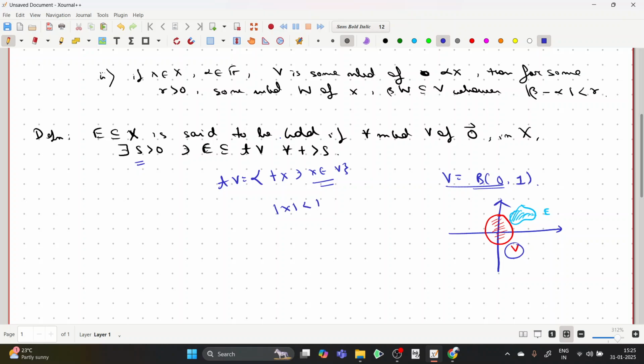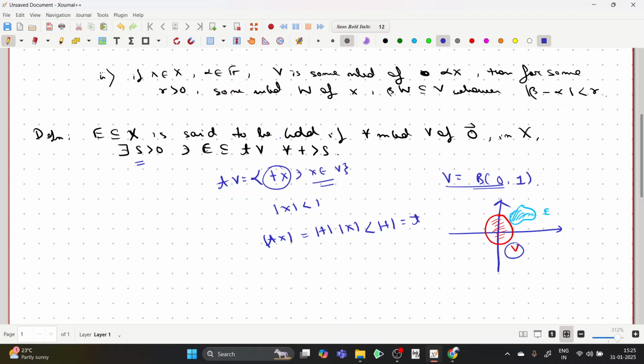So what are the distances of these values tx from the origin? This is mod t times mod x, which is less than mod t. T will surely be a positive number, so this can be written as t.